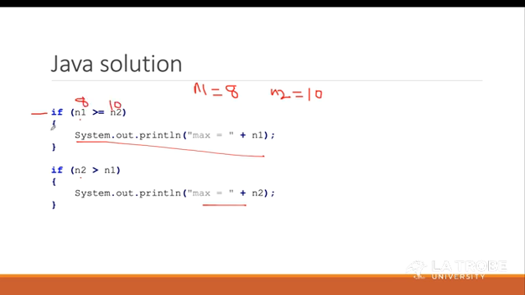The answer is no, so it won't go inside the if condition and it will skip this part. Then it will come to this part and see that if n2, which is 10, is greater than n1, which is 8, yes, this is right, so it will go inside the if condition and execute this line of code, which is System.out.println("Maximum" + n2), and it will print out the value of n2. So the output will be Maximum = 10.